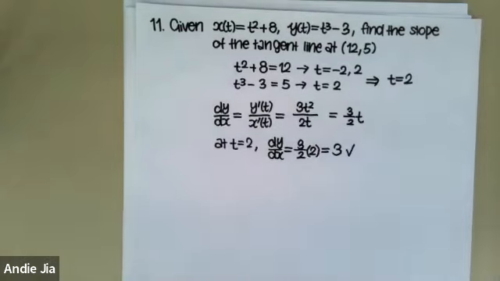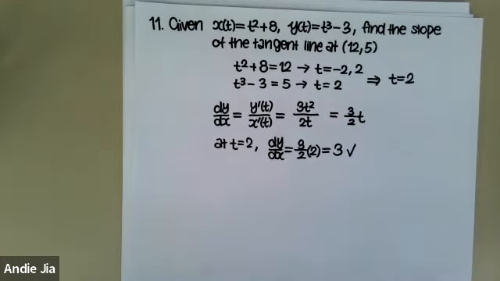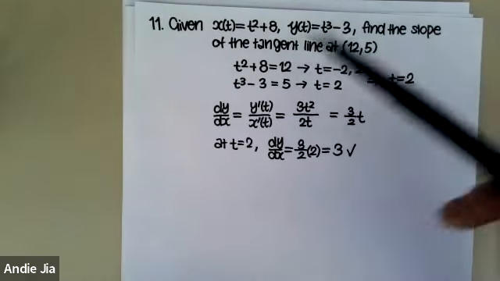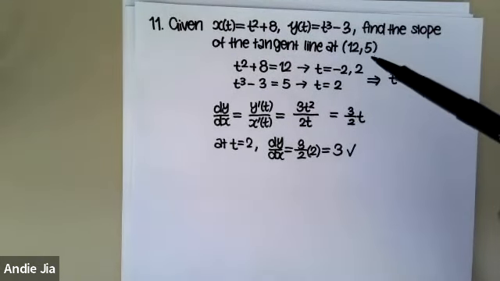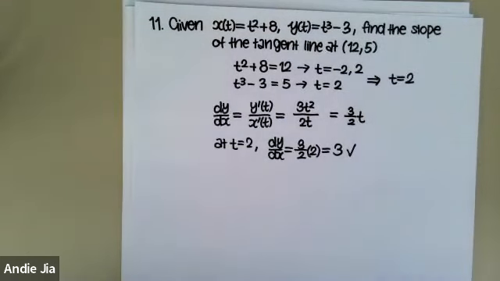Then find all the t that satisfy all conditions here. Does this make sense to you guys? Okay, sounds great.